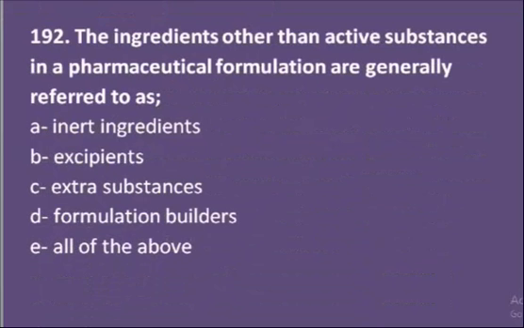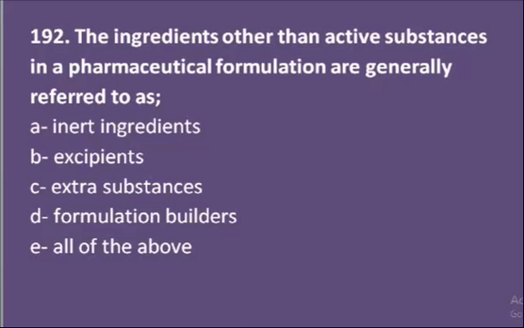Now moving on to the second MCQ: the ingredients other than active substances in a pharmaceutical formulation are generally referred to as inert ingredients, excipients, extra substances, formulation builders, and all of the above.